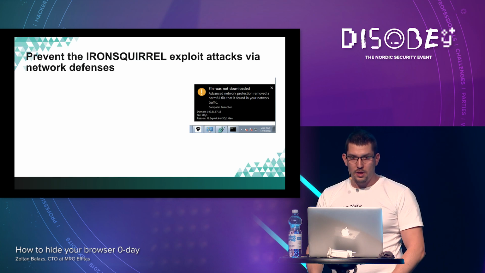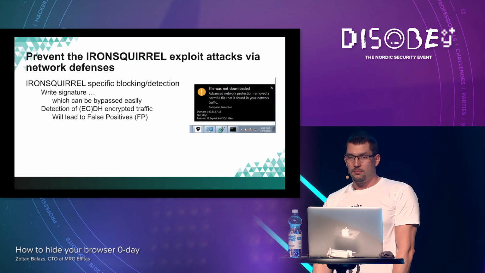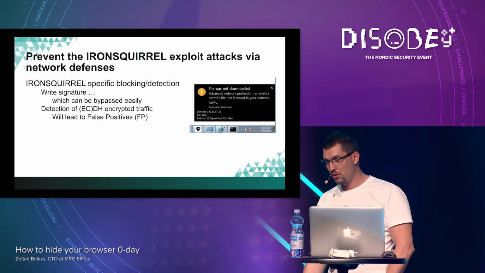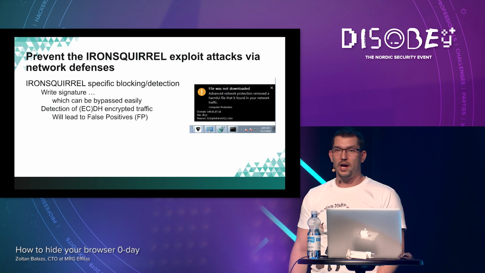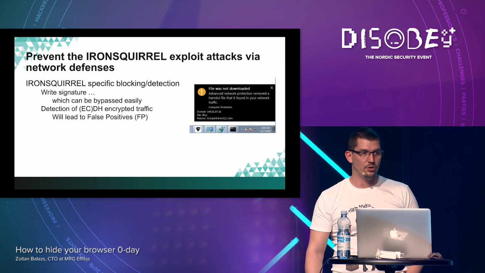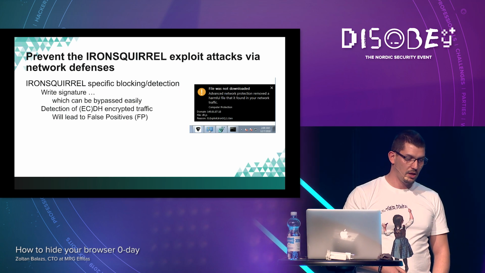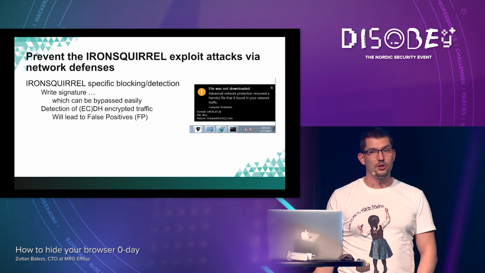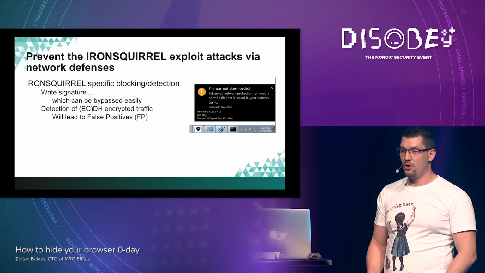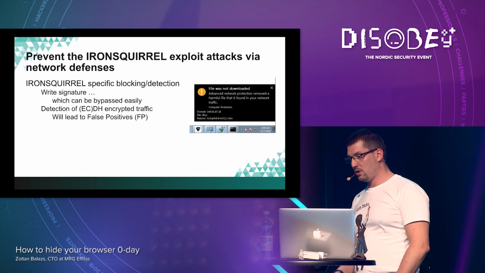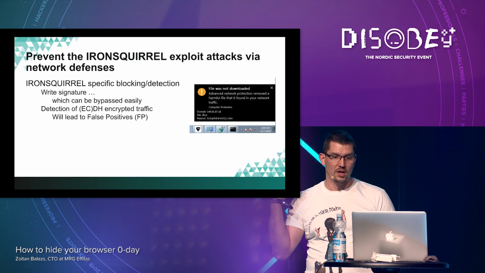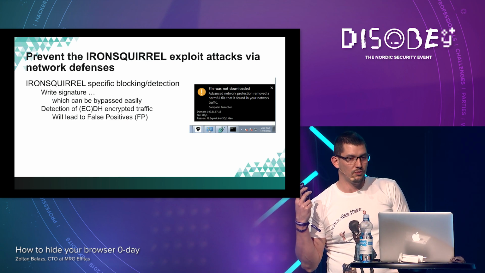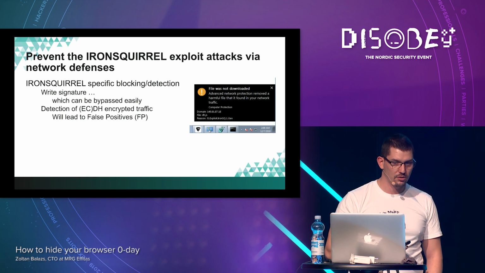All right. So, as you might expect, because my code is published on the internet, you can write signatures to detect the actual implementation of my Iron Squirrel framework. I haven't spent too much time trying to bypass these signatures, but I'm sure it won't be really hard to do.